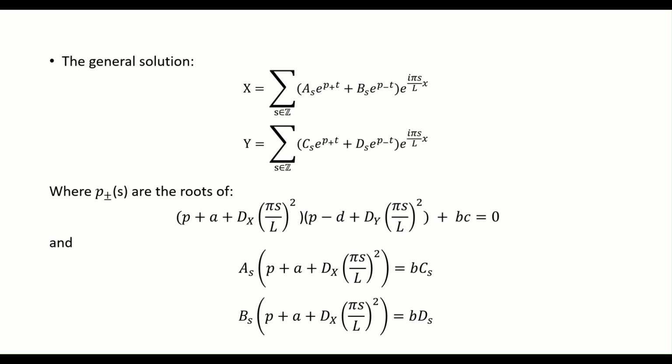And as it's a 2 by 2 matrix, you get a quadratic equation to solve for the eigenvalues. And the roots are basically the eigenvalues of that matrix. And then AS, CS, BS, DS are basically found using the respective eigenvalue problem that we get. And these equations can be found yourself through analytically solving this equation, at least in one dimension. Next slide.